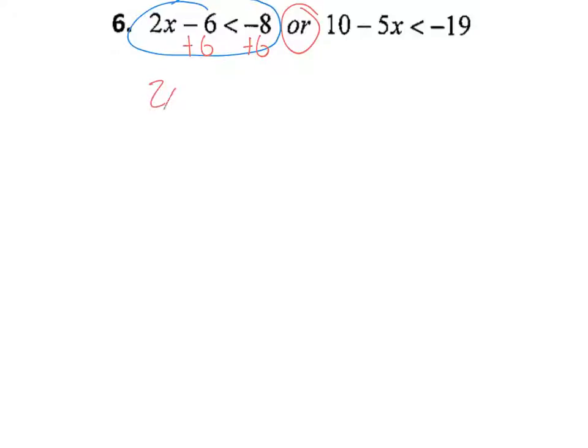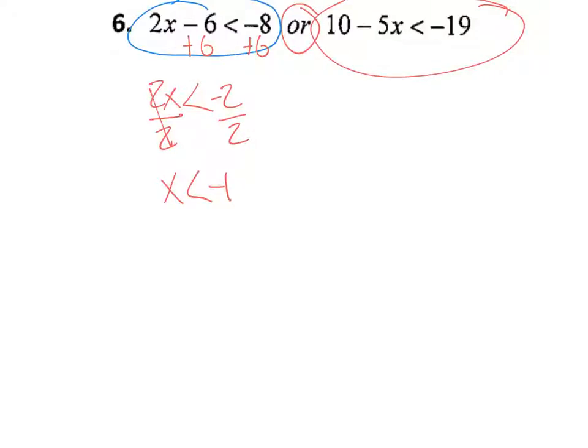Okay, so I'm left with 2x is less than what? Negative 2. Okay, what do I do next? Okay, so x is less than negative 1. Okay, so now I'm going to solve this one. 10 minus 5x is less than negative 19.